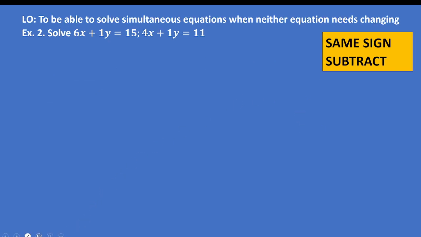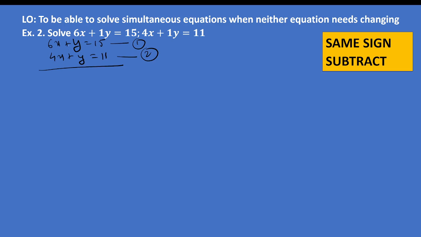So now the next question is 6x plus y equals 15. I'm giving this the label equation 1, and the second one is 4x plus y equals 11. I'm labelling this equation 2.